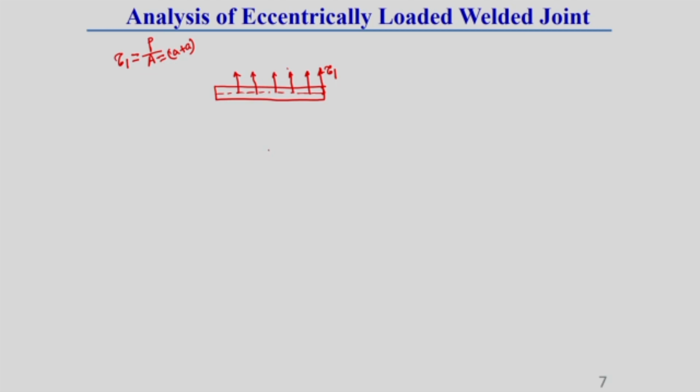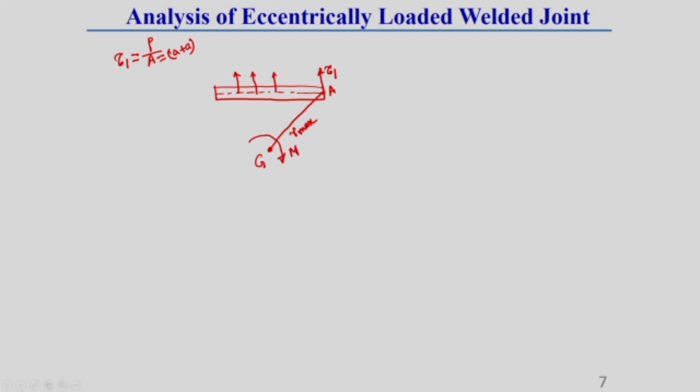Now, with respect to G, the farthest distance is generally A distance, I have already told you. This furthest distance of the weld is A distance. So, this is R max. In this R max, what should be the direction of this tau 2? Here we have already observed the direction of the moment is generally clockwise in nature.